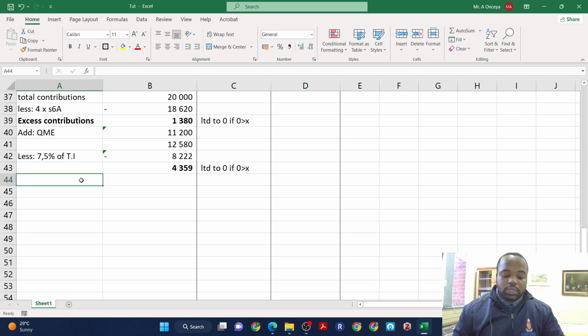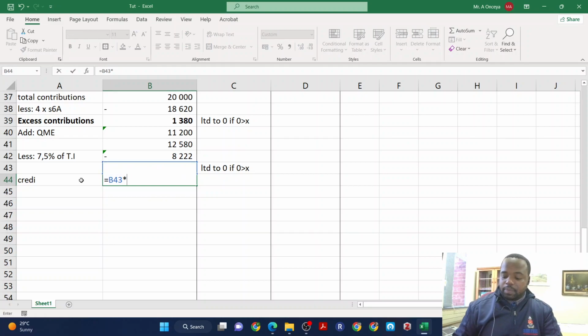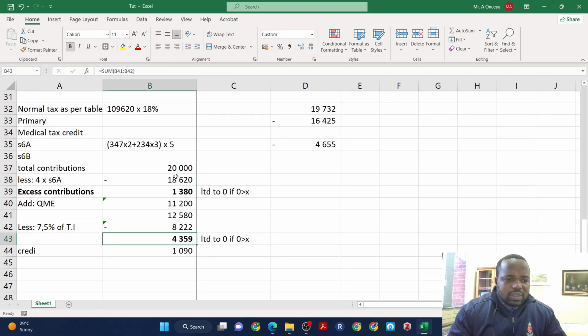What you need to actually do is now just multiply it by 25%. So that's our credit. Our credit is this number times 25%, and that's 1090. Quickly come here. This number seems a bit off. I don't know if there's something I did wrong. So contributions is right. 4 times 6 cap A, yes, instead of 3, plus qualified medical expenses.